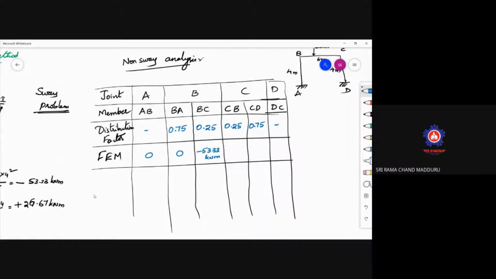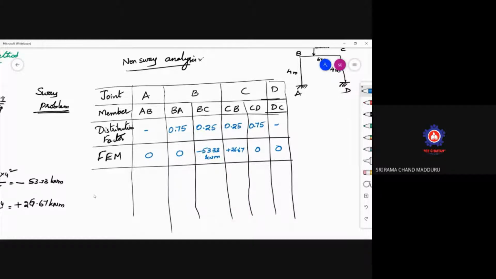Whereas coming to CB, plus 26.67 kilonewton meter, MCD 0, MDC 0. We are doing non-sway analysis. I am forgetting about the sway. In the normal manner, I am calculating the balancing.